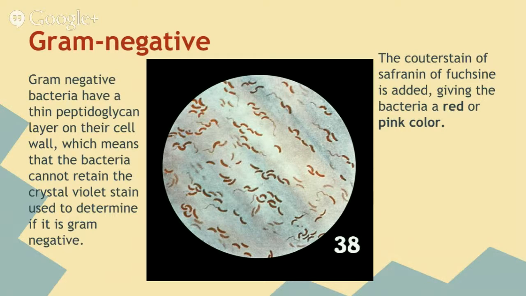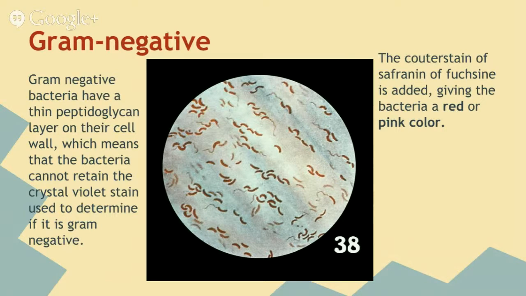If it is a gram-positive bacteria, it will be crystal violet. This is because the cell walls of the bacteria have what's called peptidoglycan, which consists of amino acids and sugars. Peptidoglycan holds the crystal violet stain very well, and that's how you can tell that it's gram-positive, which means it has a lot of peptidoglycan.